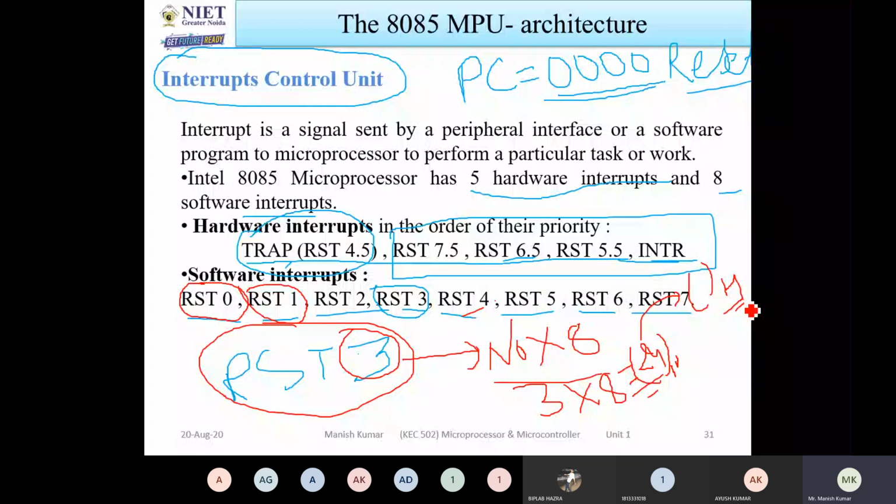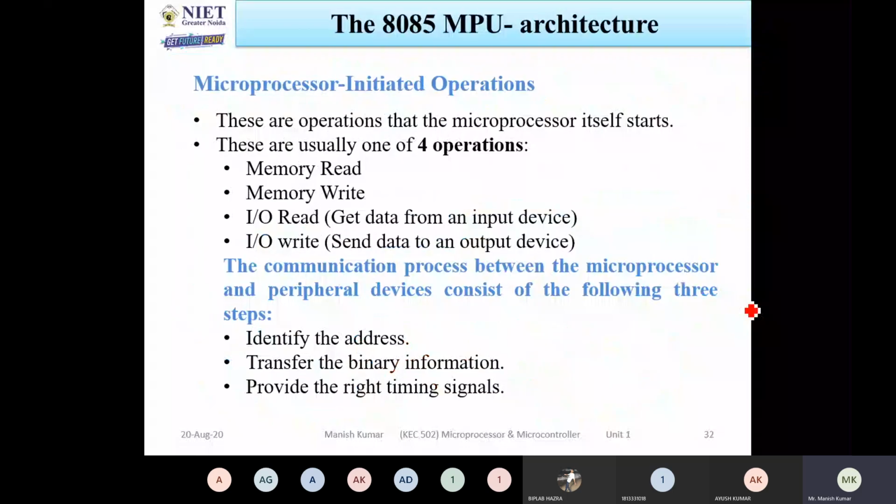So the next is how the microprocessor initiates any operation. प्रोसेसर को कैसे पता चलता है कि हमें ये काम करना है, कैसे करता है वो, ठीक है? So first, now there are 4 different types of operations available which the microprocessor itself starts.